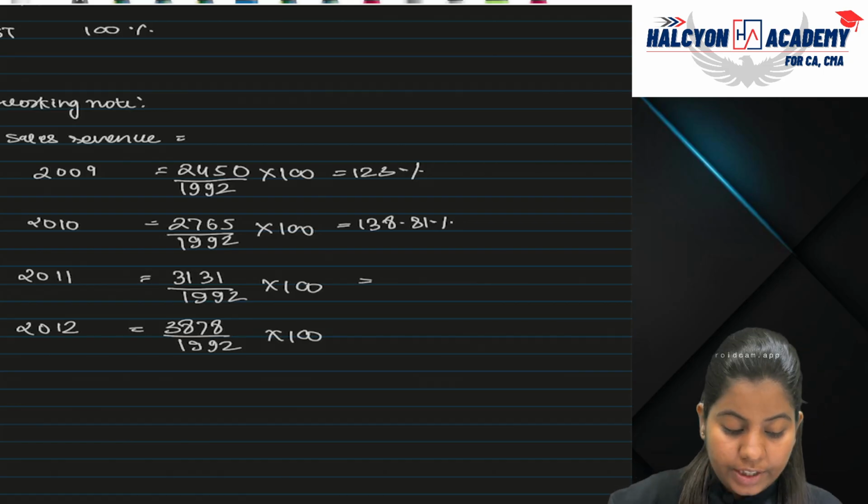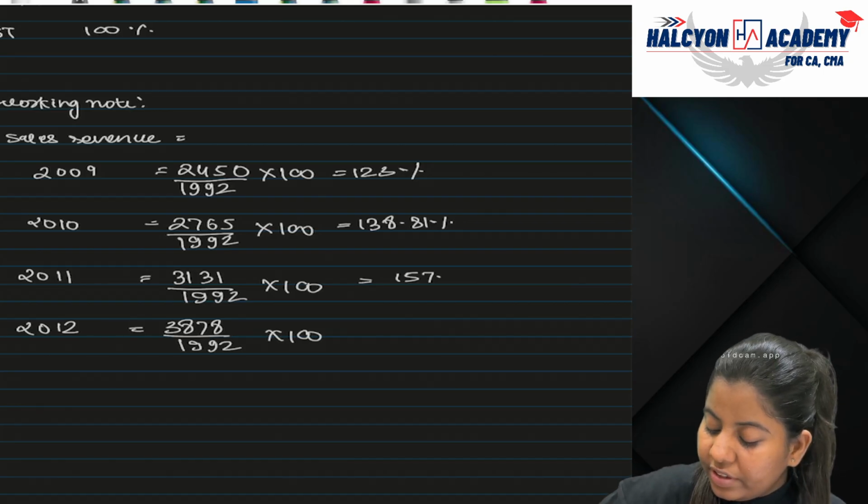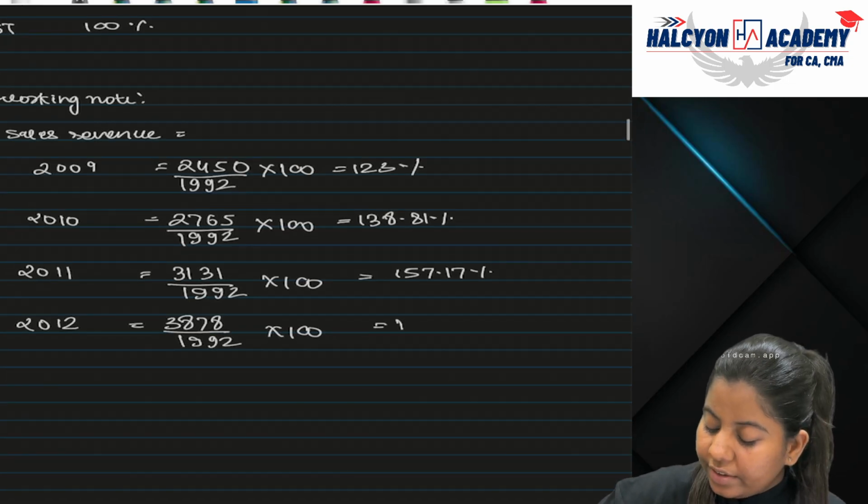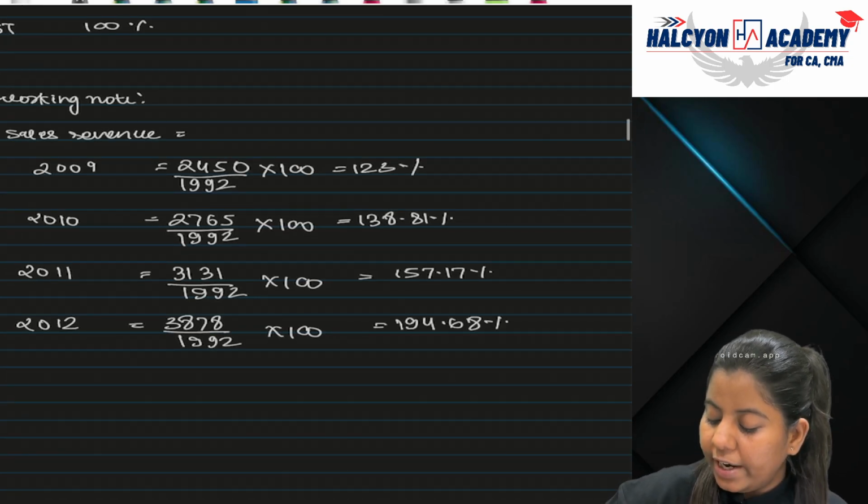For 2011, it will be 157.17%, and then 194.68%.